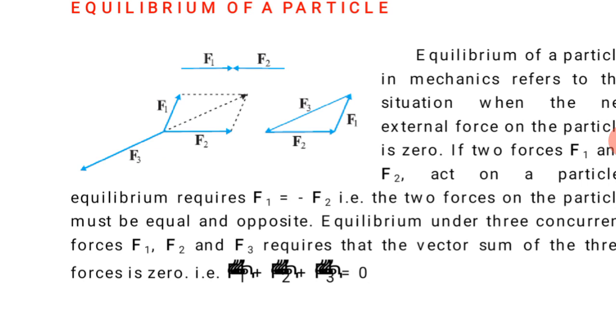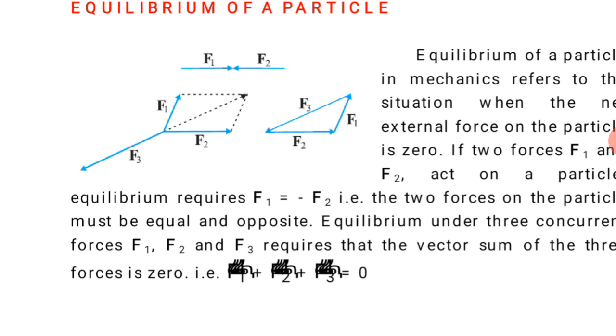Two forces F1 and F2 act at a single point, and their resultant lies along the diagonal. In this figure F1 and F2 are acting, and you have to draw two more lines parallel to F1 and F2, and the diagonal gives the resultant.